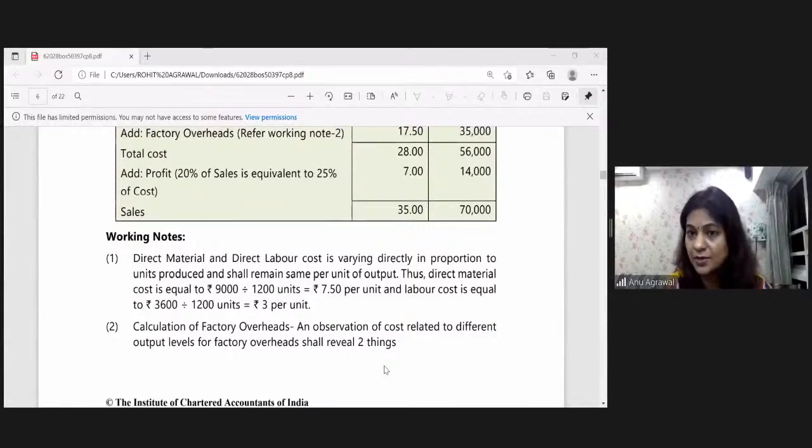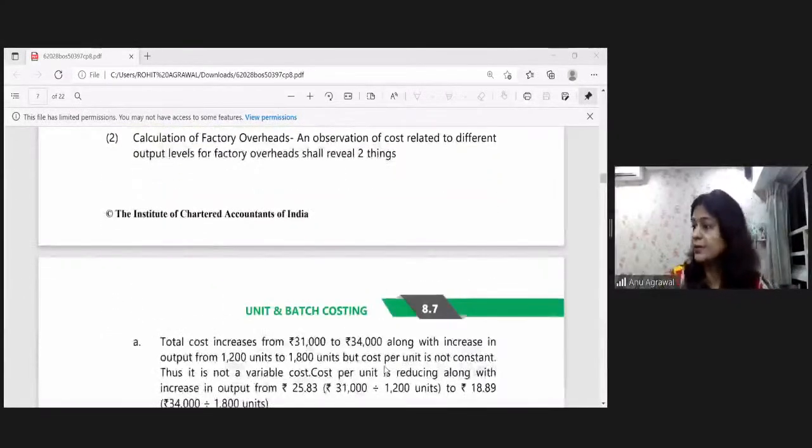Fixed cost is 25,000. Variable cost was 5 rupees per unit. So 2,000 into 5, 10,000 is the variable cost, 25,000 is the fixed cost. So the total overheads, if I manufacture 2,000 units, is going to be 35,000. 35,000 divided by 2,000 units gives you 17 rupees 50 paisa. Okay. Crystal clear? Thank you so much.